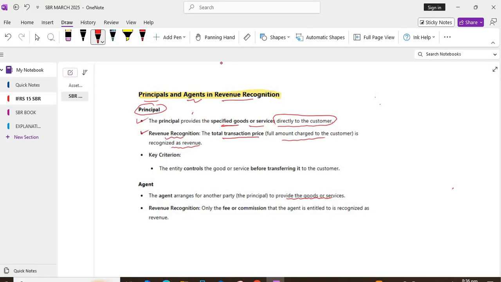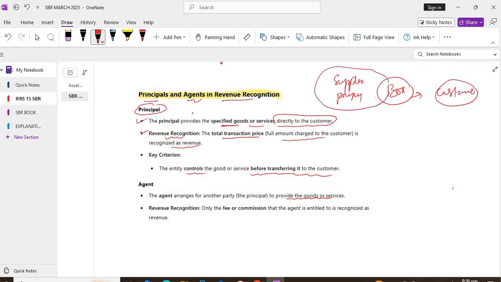Now the key criterion is that the entity controls the goods or service before transferring it to the customer. Let's say you have this box, and you are selling this to the customer. It means that you are a supplier, and you can also say that you're the principal because you have control of this asset and you're directly selling it to the customer.